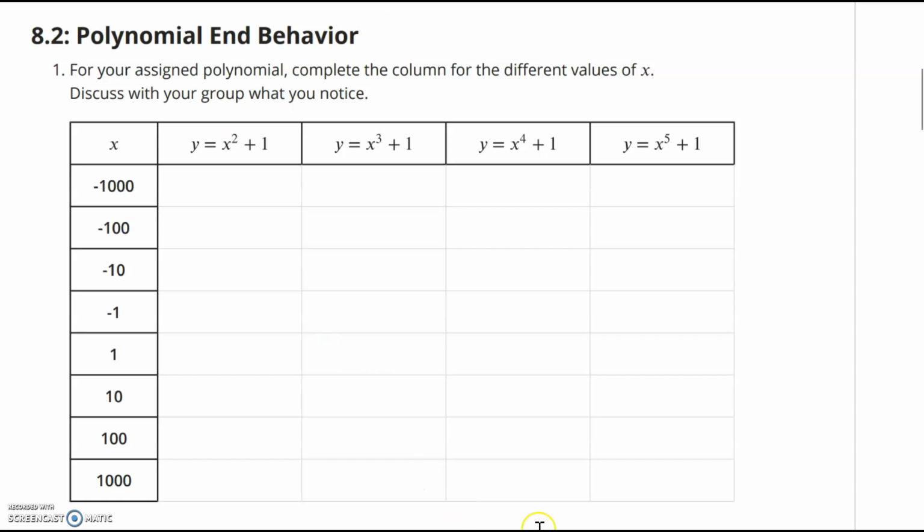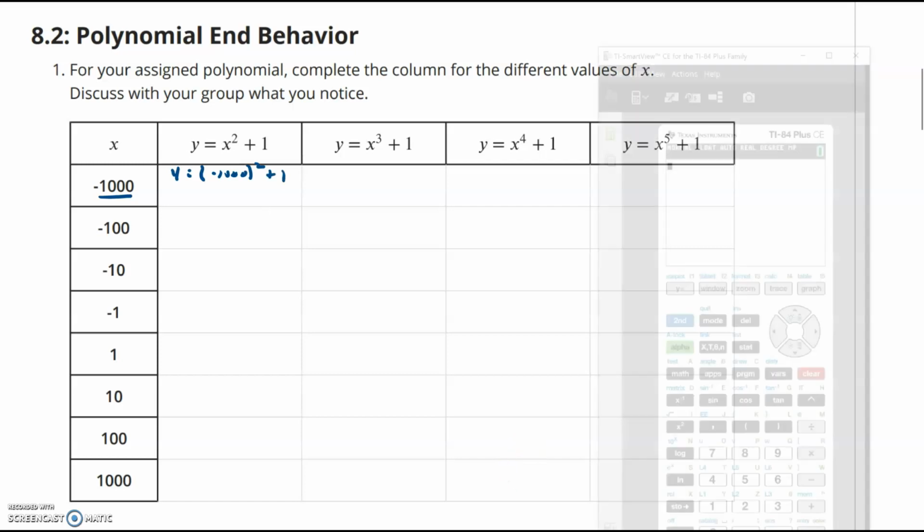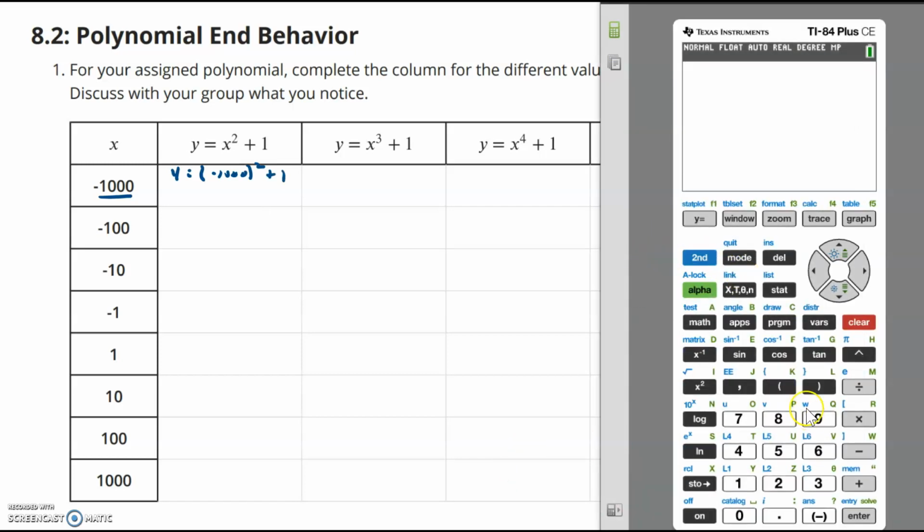So with this first one, notice we want to take negative 1,000 and plug it into this function. So we want to figure out what y is equal to whenever we have negative 1,000 squared plus 1. And we go to the calculator. Be careful when you enter these.